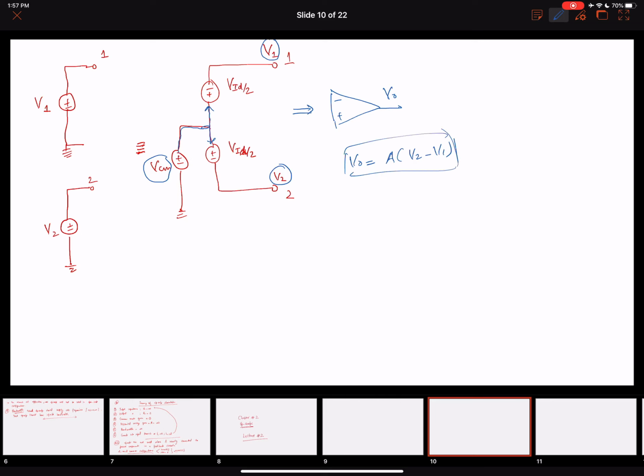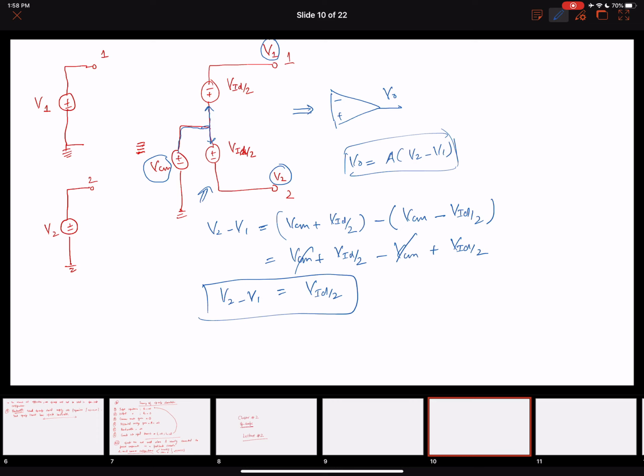So V2 is VCM plus VID over 2, minus V1, which is VCM minus VID over 2. So it will be VCM plus VID over 2 minus VCM plus VID over 2. So VCM will be cancelled out and we are left with VID.